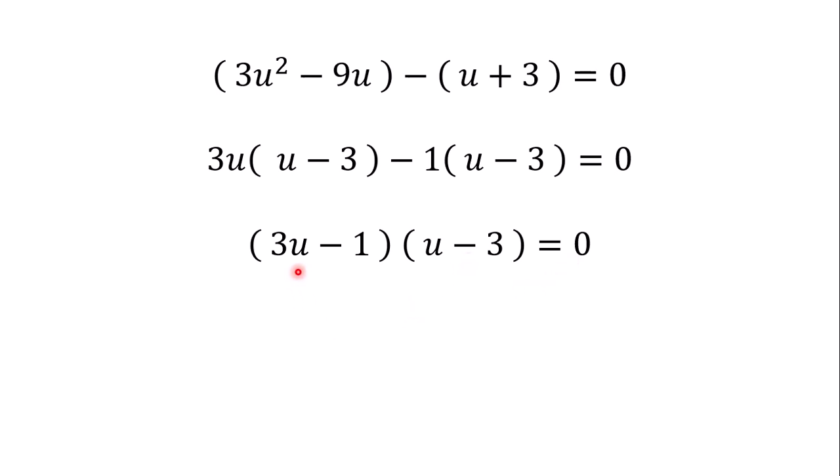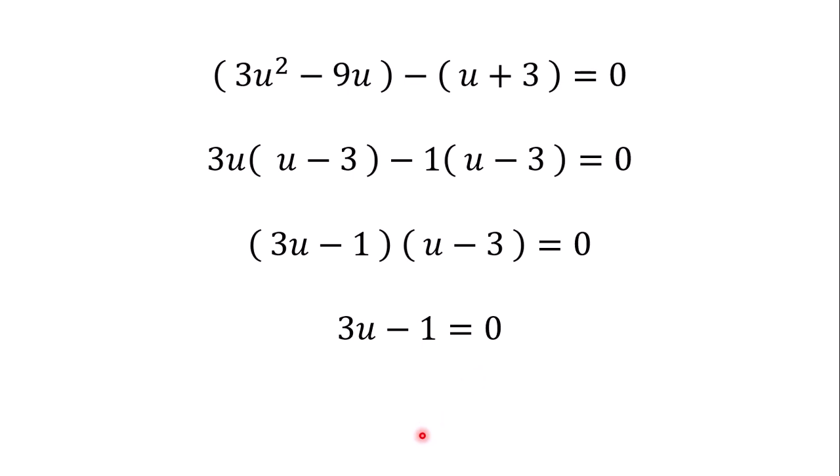So first you're going to equate 3u minus 1 to 0. Alright, 3u minus 1 is equal to 0. Well, we will just send this -1 to this side, and when it crosses the equal sign, it will be positive.